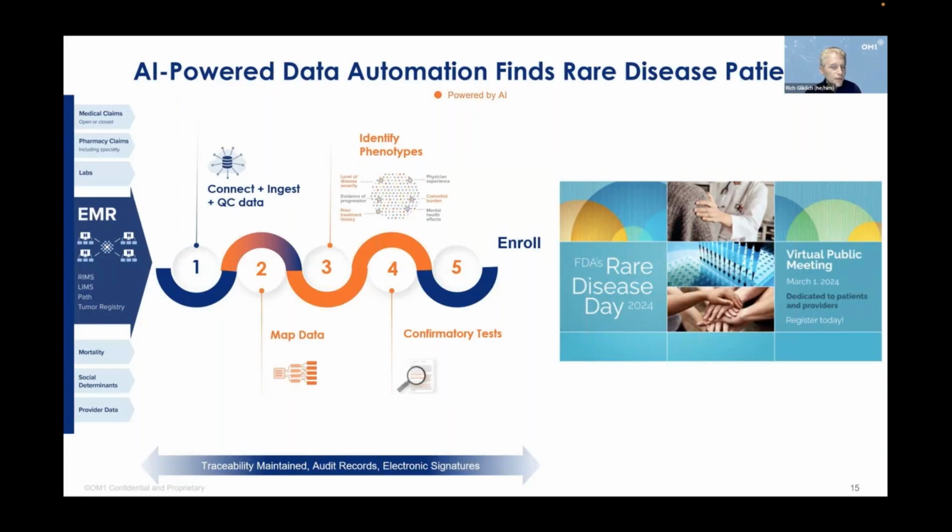By doing that, we can determine electronically whether a patient meets eligibility and inclusion-exclusion criteria, and may have an undiagnosed condition that may be relevant to a trial or to treatment. That patient can then move on to confirmatory tests. For example, in the case of Fabry disease, we can refer that patient for enzymatic testing and potentially gene testing to confirm what the system has identified as a likely patient with Fabry disease.